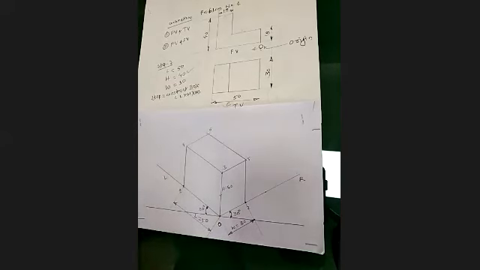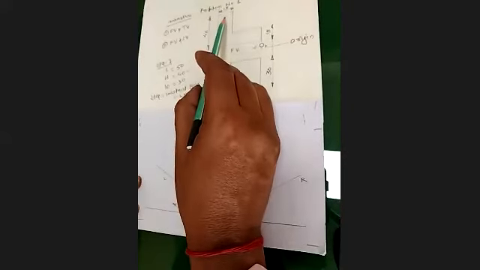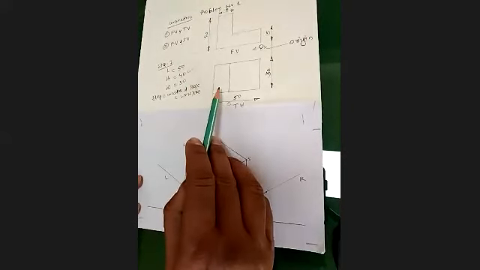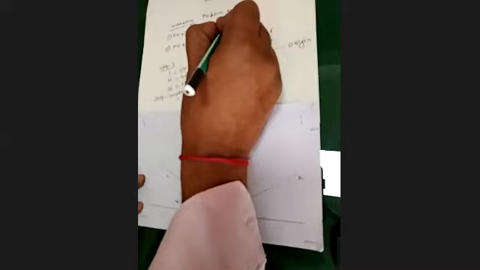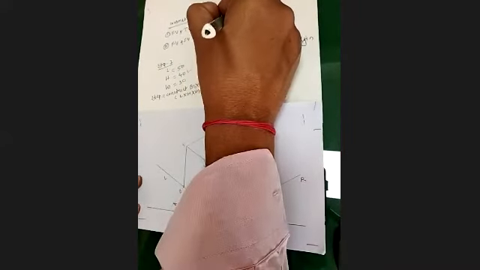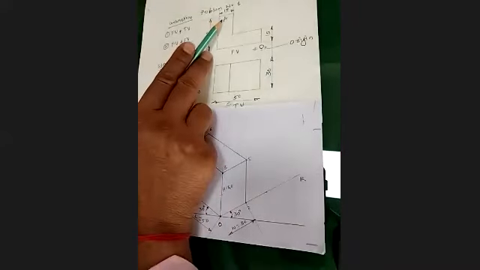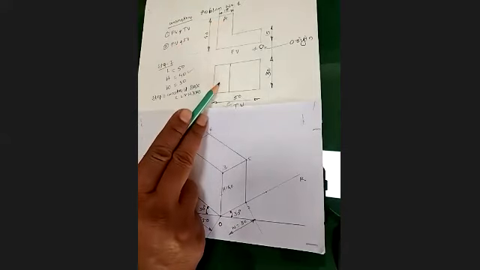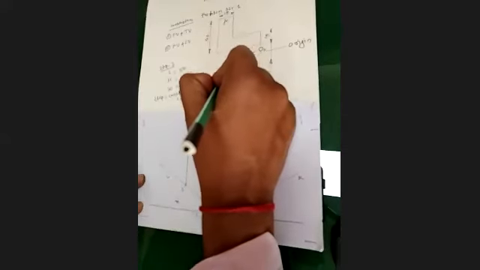If you correlate the front view surfaces with the top view surfaces, see this, if you name this surface with the letter A, the corresponding surface in the top view is this one.